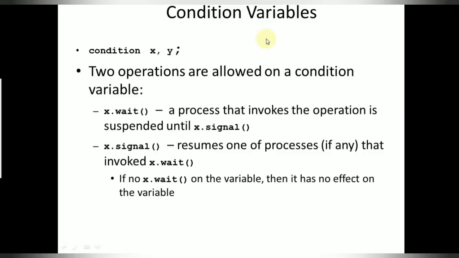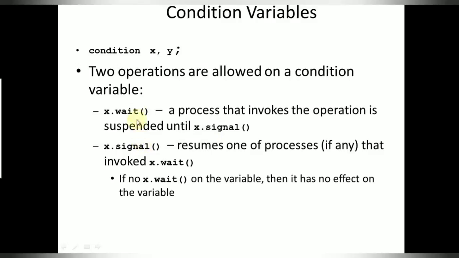Now, what is this condition variable? For example, if I have declared the condition variables x and y, these condition variables can perform only two operations, that is wait and signal. A process that invokes a wait would be suspended until another process invokes the signal.